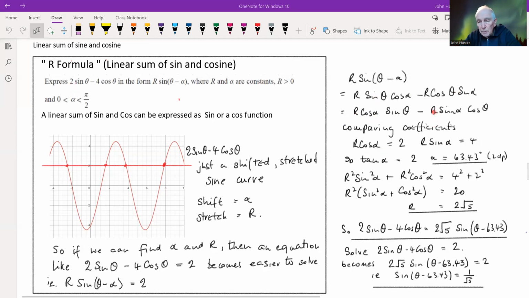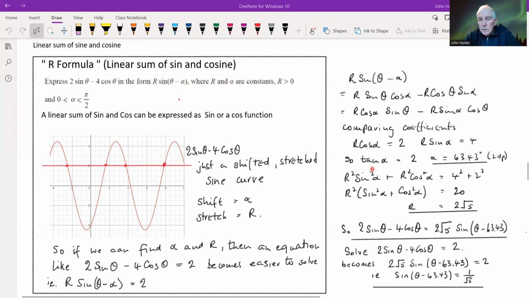Similarly, the coefficient of cos theta is r sine alpha here, and over here it's 4. So 2 equals r cos alpha, and 4 equals r sine alpha.